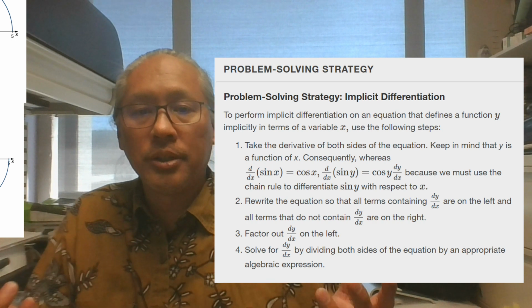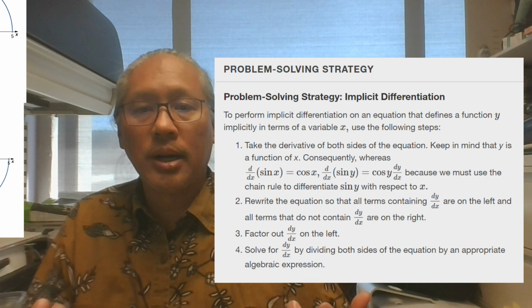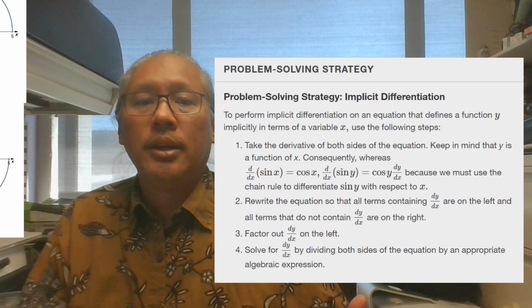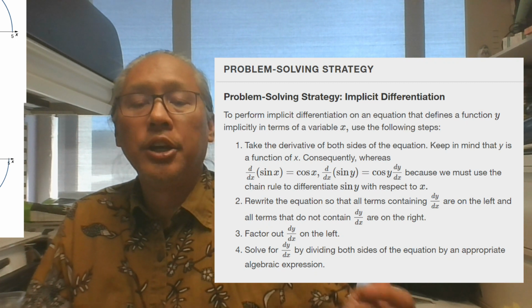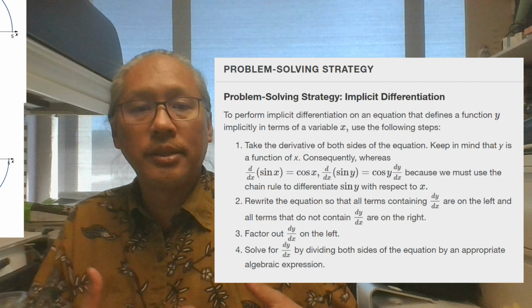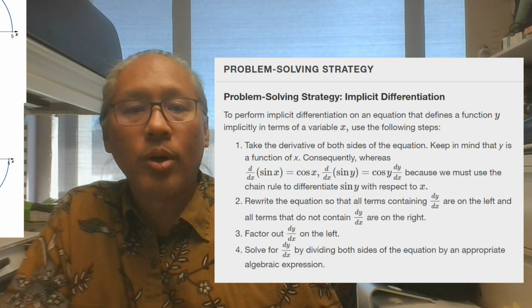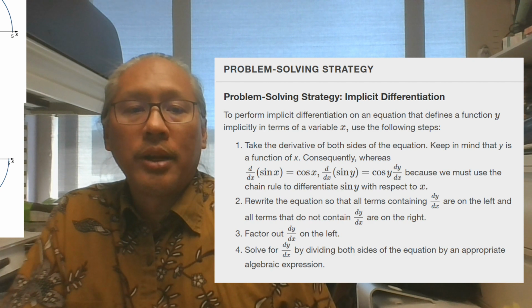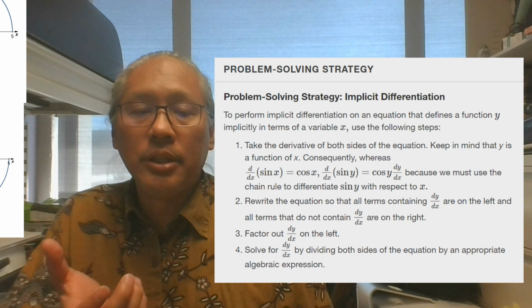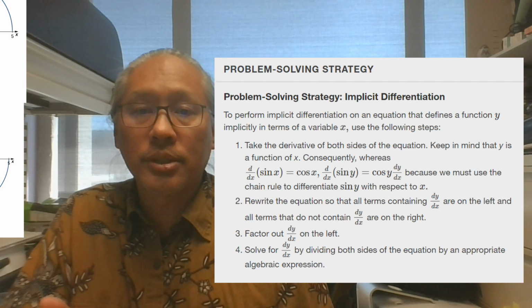You have your equation that has x's and y's, you take the derivative, and then anytime you have a y, you follow it up with a chain rule by saying you need to take the derivative of y with respect to x. And so now what we want to do is find all those dy dx's because that's what we want to solve for.